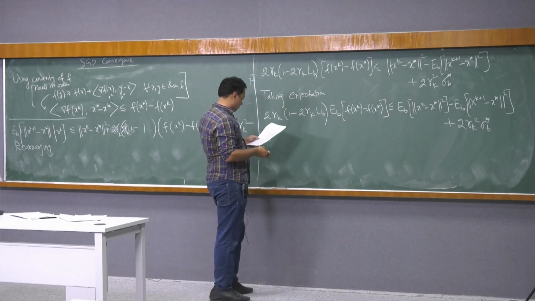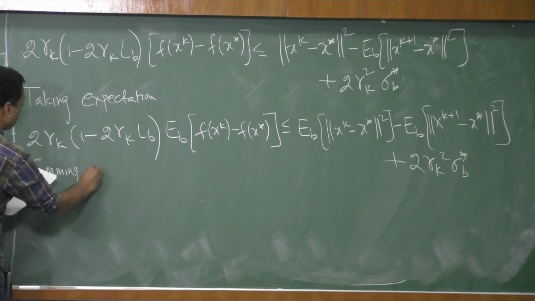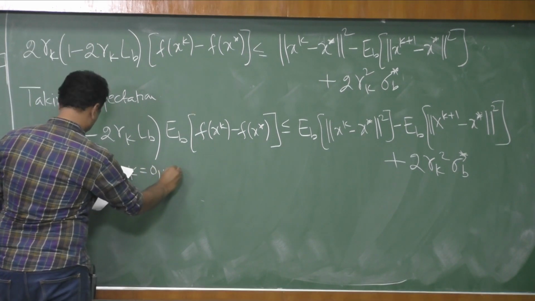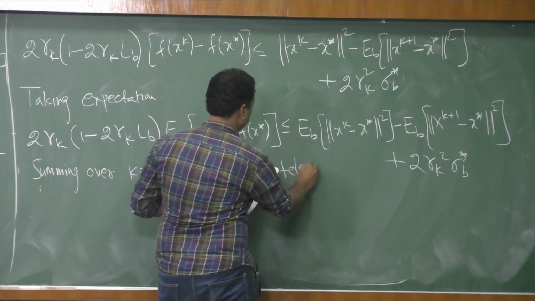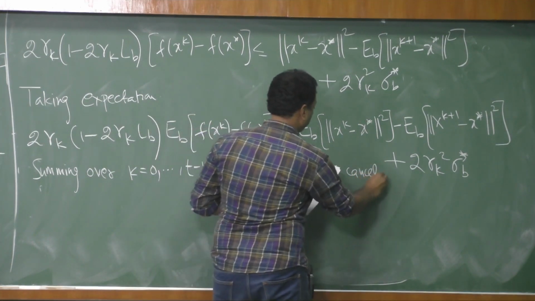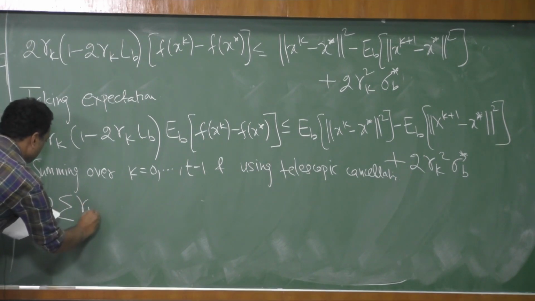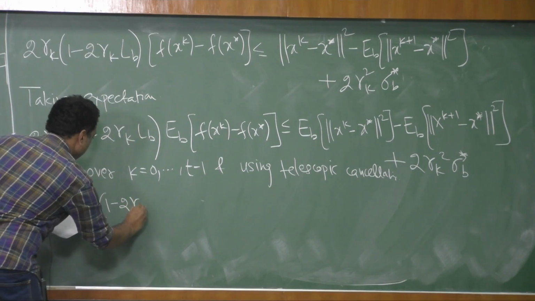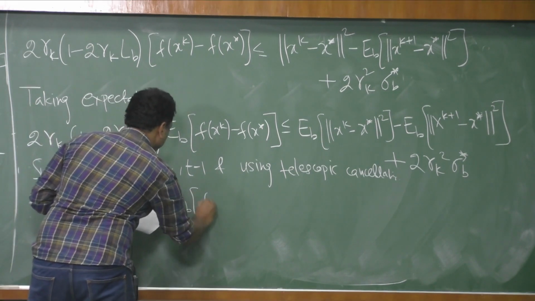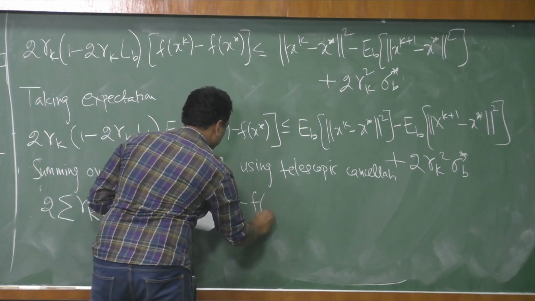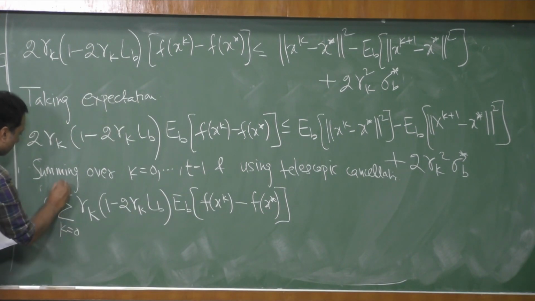So if we do that, summing over k equals 0 to t minus 1 and using telescopic cancellations, this gives 2 sum of gamma k (1 minus 2 gamma k LB) times EB of f(xk) minus f(x star), where we are summing for k equals 0 to t minus 1.